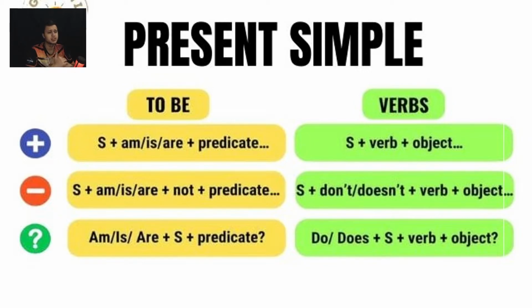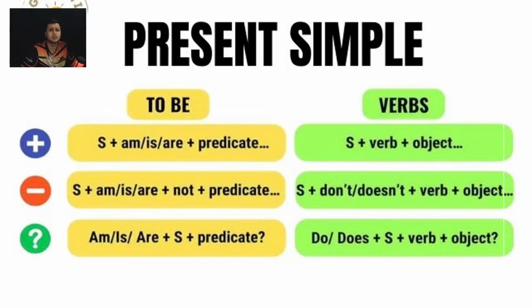The difference here is only that we add the word not between the predicate and the verb to be. That's the only difference. In the verbs, we have subject plus the word don't or doesn't. It is according to which subject we are using, of course. Then we have the verb, and then we have the object. In the interrogative, we have the verb to be, and then we have the subject. It is like the opposite way. And then we have the predicate.